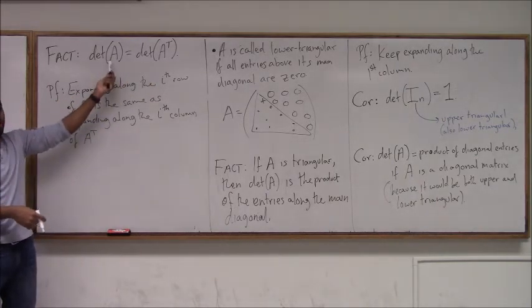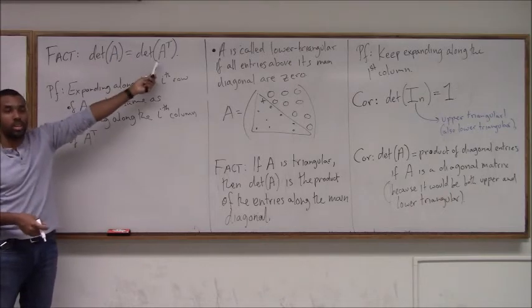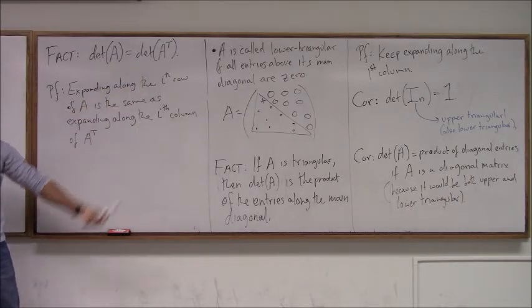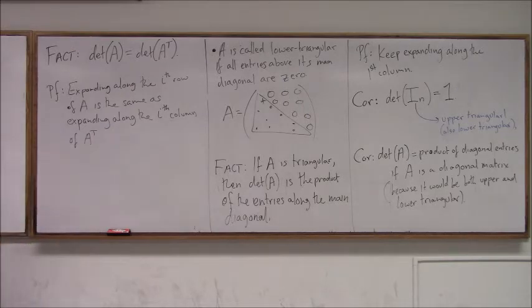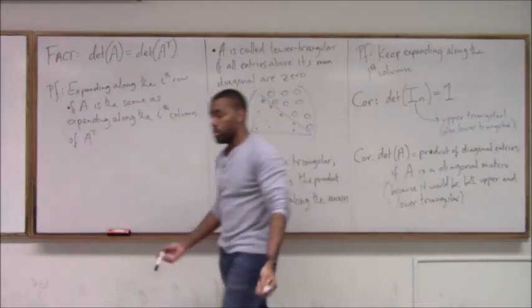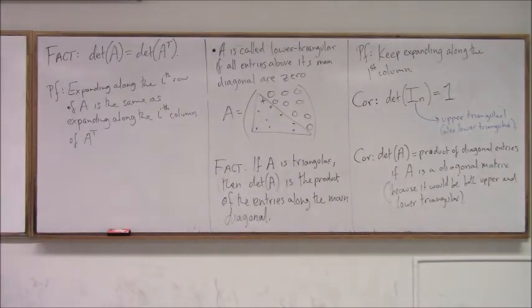So expanding along a row here is literally equivalent to expanding along a column there, and all the numbers would be, relatively speaking, in the exact same positions. You'll get the same computation at the end of the day. So the determinant of a matrix and the determinant of its transpose are always going to be the same.